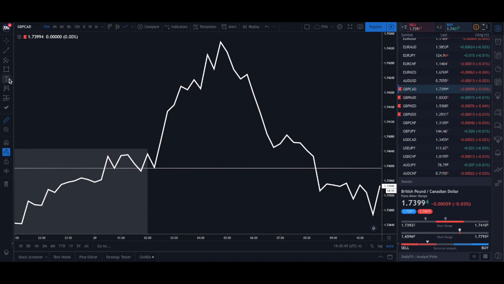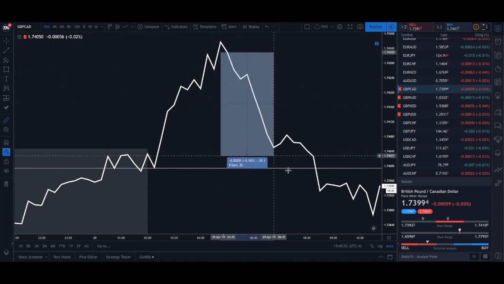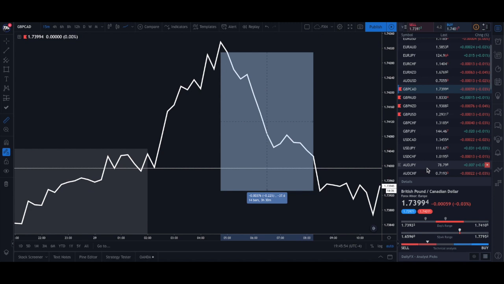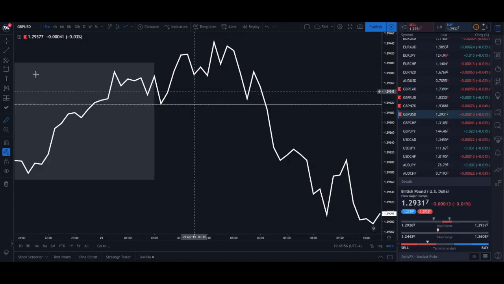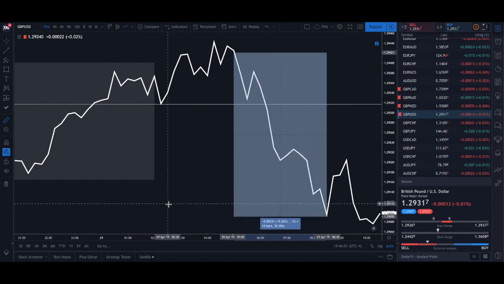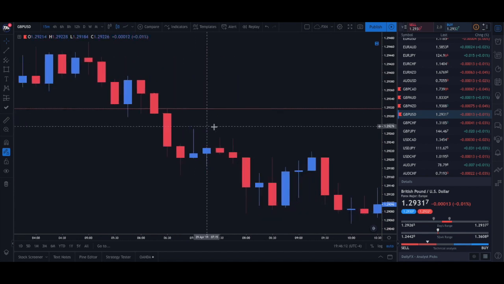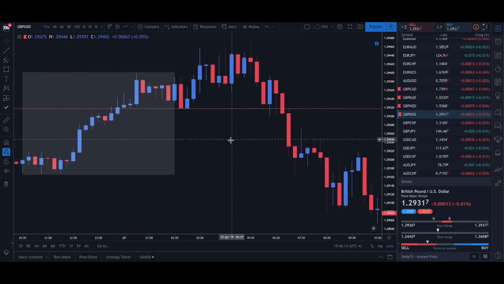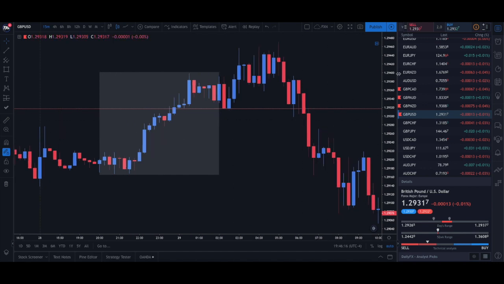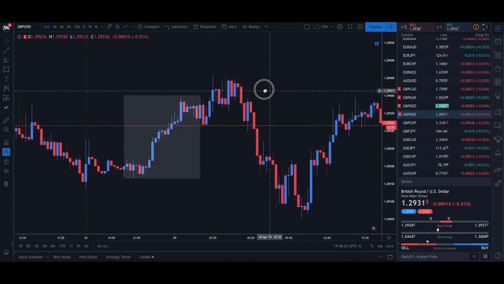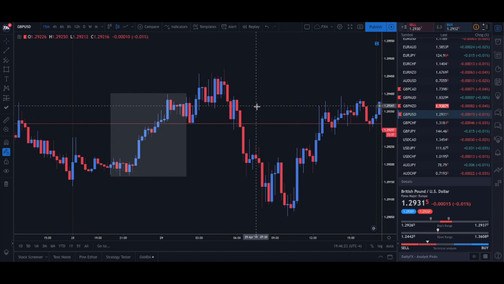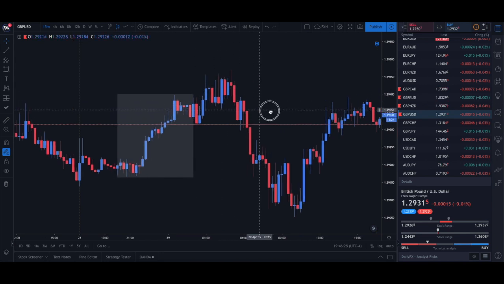The move on pound CAD was 37 pips. So you see how the count is essentially different on each of them, but you get a very similar, identical move. And the whole point of this is that you can get this move and it becomes clear to you, and you're seeing it without any kind of indicators. You're just looking for the pattern, right?